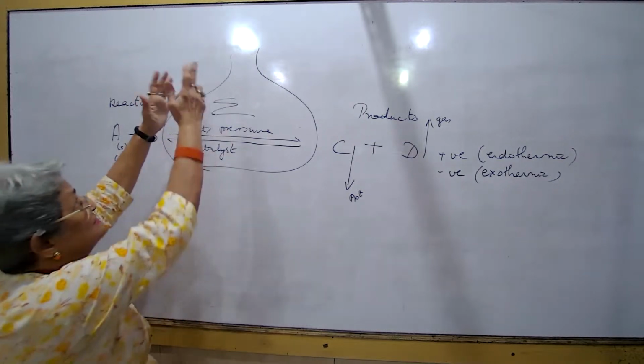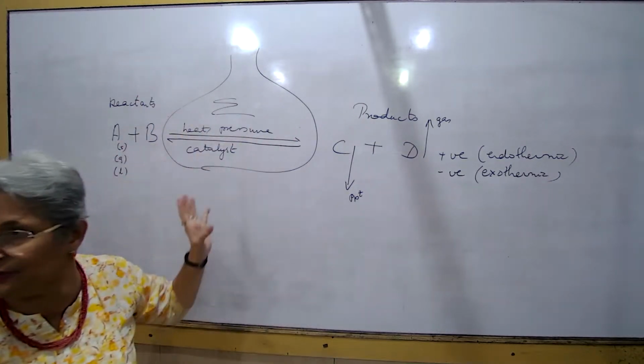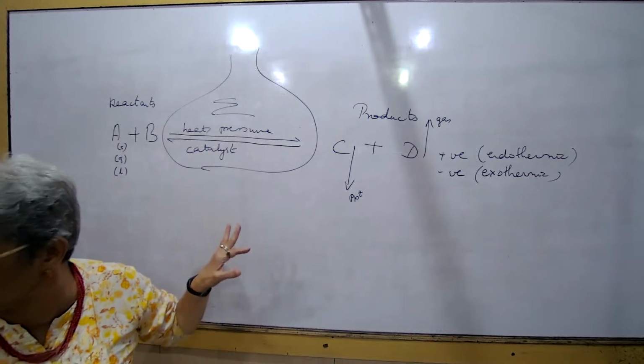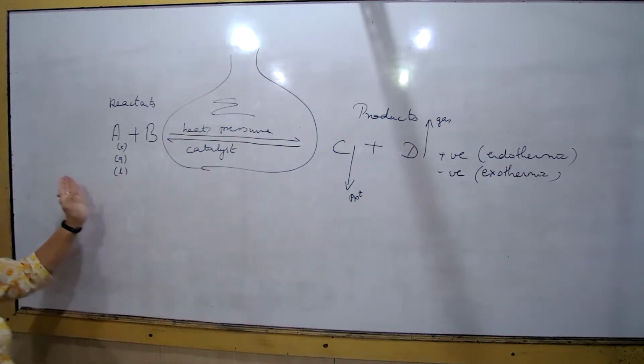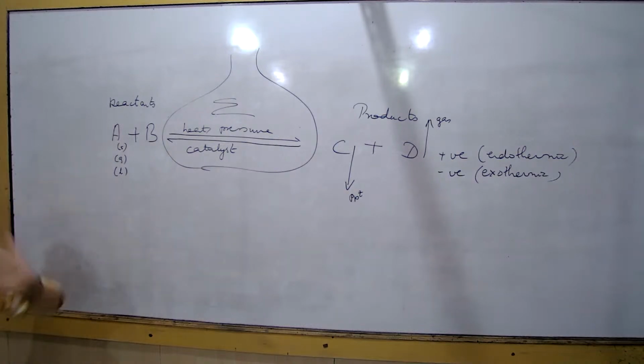If it's a closed vessel or open vessel, that also we write down. Then the physical states of the reactants and the products are also written. If a gas is evolved, the arrow is drawn upward. If a precipitate forms, the arrow points downwards.